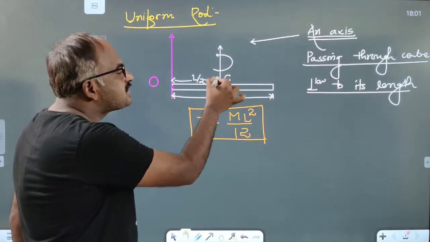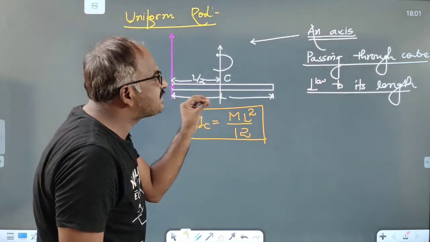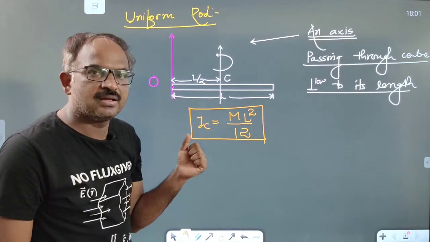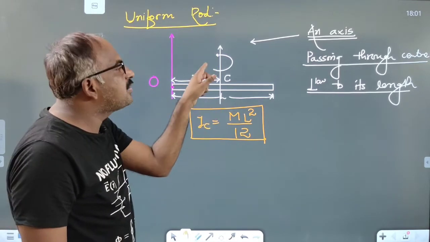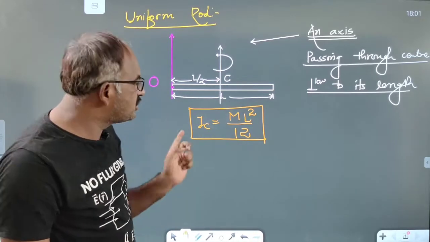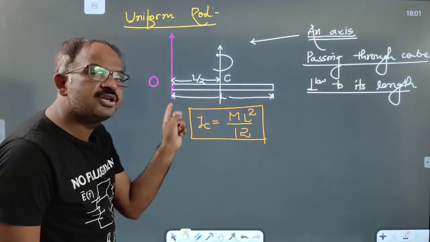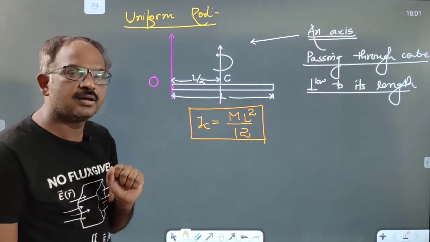Now this is the center of the thin uniform rod, which is the center of mass, as this is a symmetrical point. So the moment of inertia of the thin uniform rod at the point C is nothing but its moment of inertia about the center of mass, which is ml square by 12.